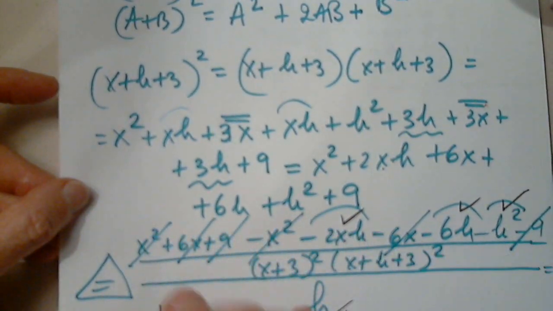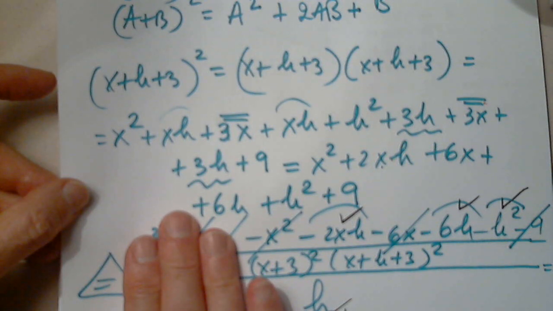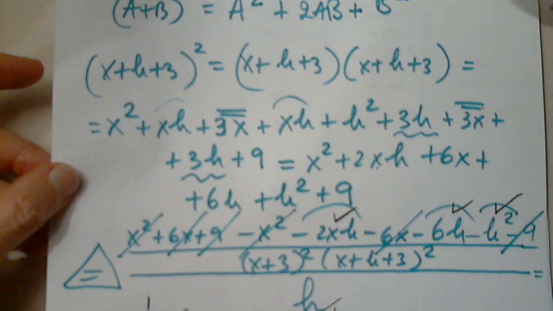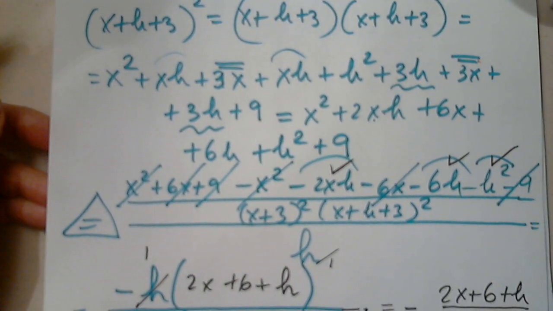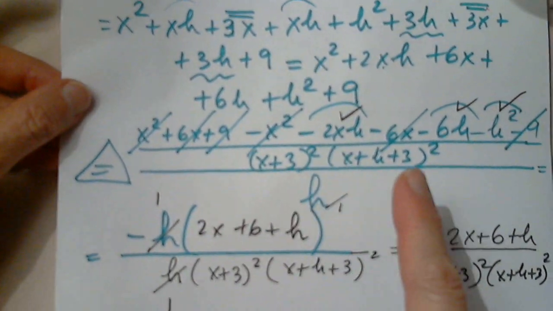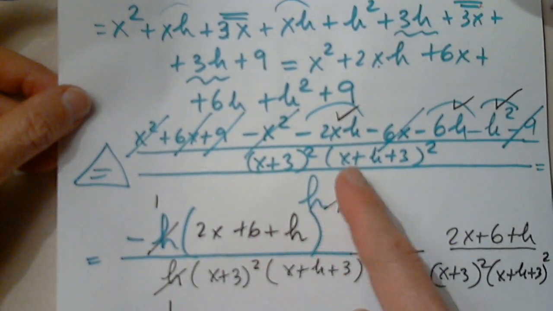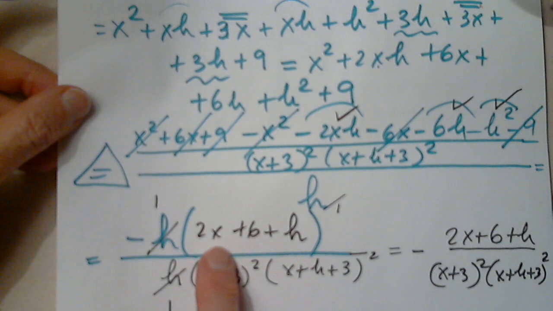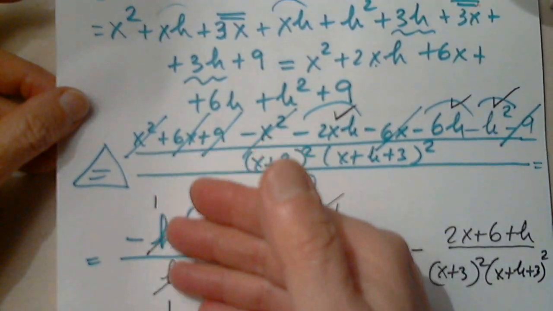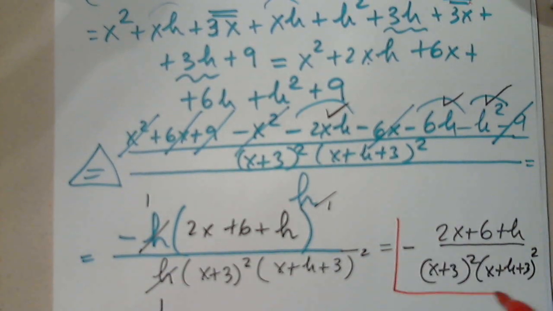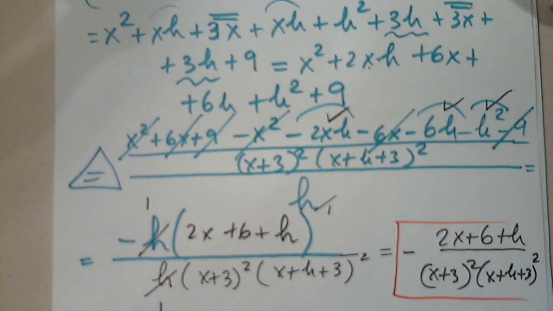And then carefully, f of x plus h minus f of x divided by the denominator. So we factored out negative h. We carefully identified the remaining 3 terms here. And then we simplified h, and that is the final simplified form. No one can simplify this any further. This is it. Any questions on this problem?